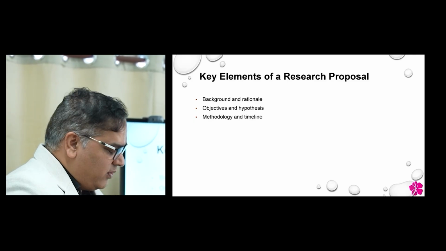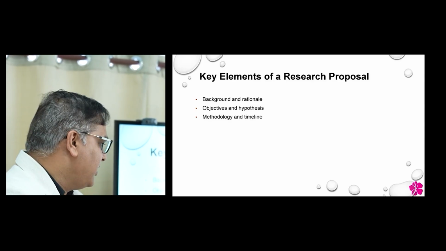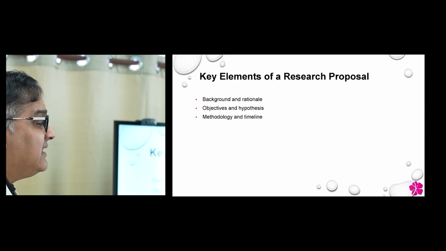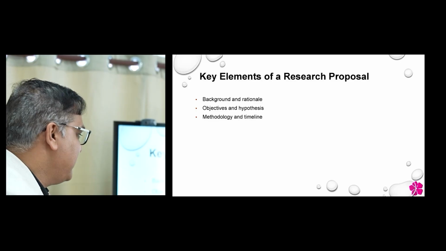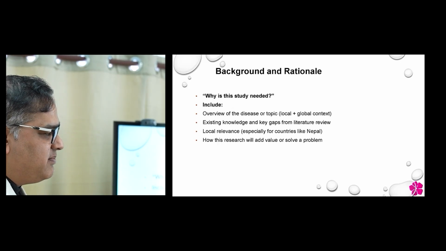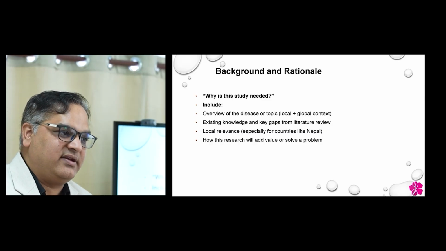So now we know how to plan a research. Now we have to write it, because without writing, it doesn't make sense. What are the key elements of a research proposal? We all know by now: background and rationale, objectives and hypothesis, and methodology and timeline. Next. What does background and rationale contain? It usually contains why this study is needed.